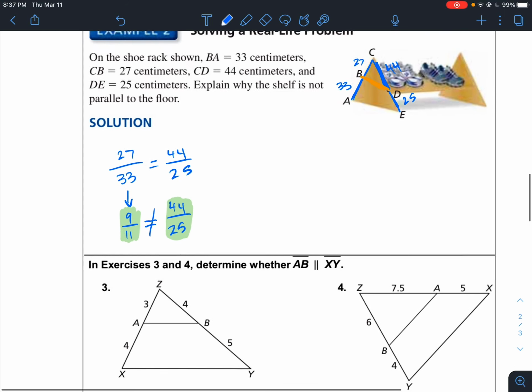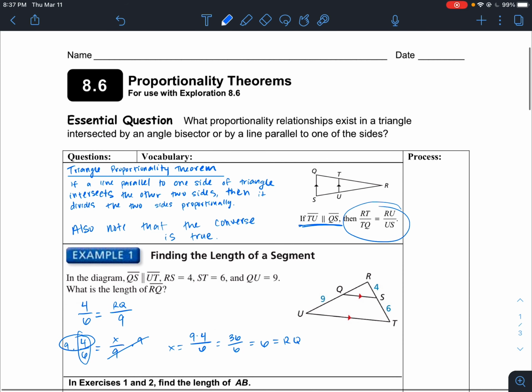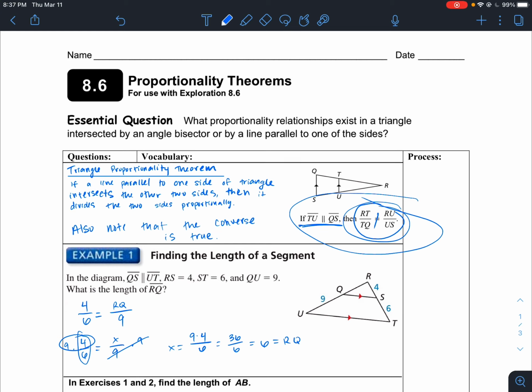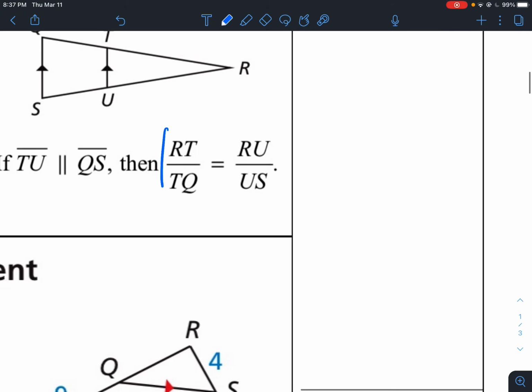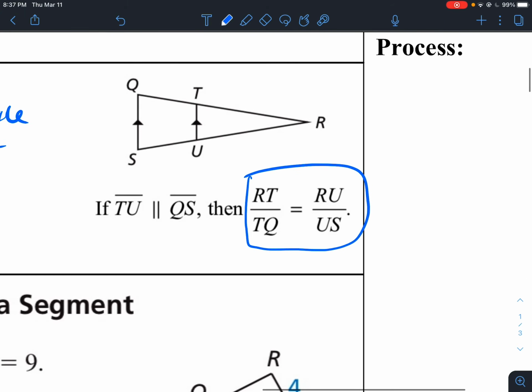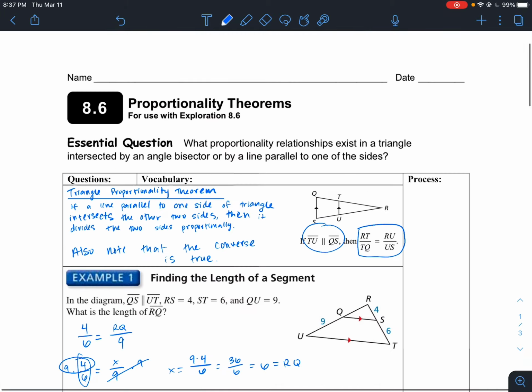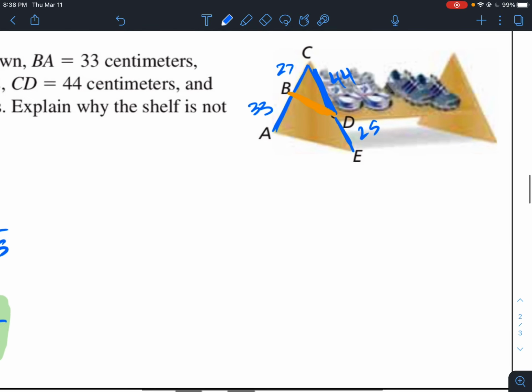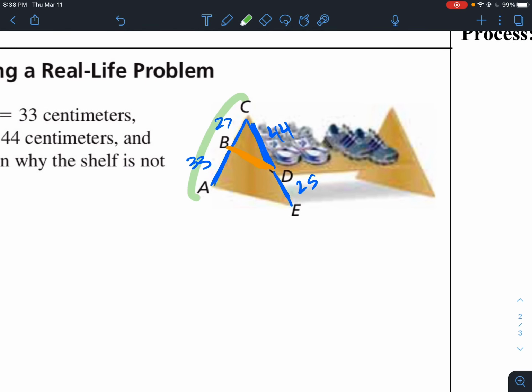Okay, so since we proved that they are not proportional by the converse theorem, so if these are not congruent, then the lines are not parallel. That's pretty much what we're saying here, because the converse says if you can prove that the segments, the ratios are equal, then that means that the lines are parallel. So here we prove that these proportions right here are not equal, therefore this line is not parallel to AE.